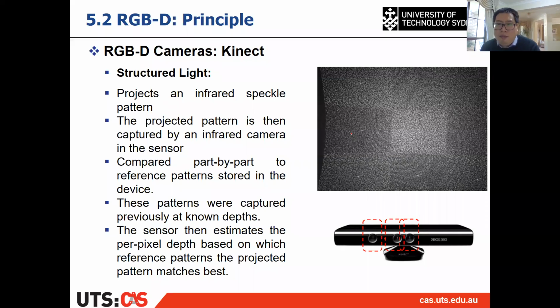Then they compare and do some calculation based on the change of the pattern, and they can calculate the depth of each pixel. And then there's a normal RGB camera, and they do a calibration between them. Then they can relate each pixel with the depth from the structured light. So that is the principle.